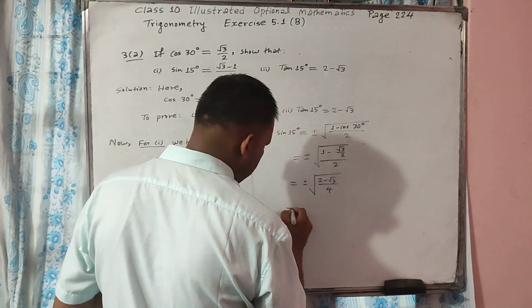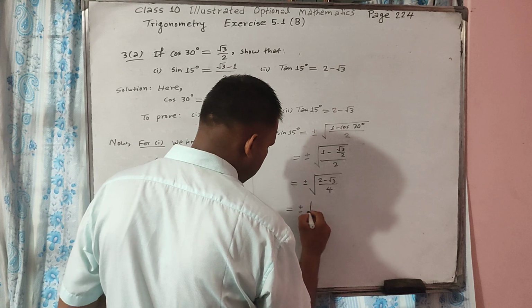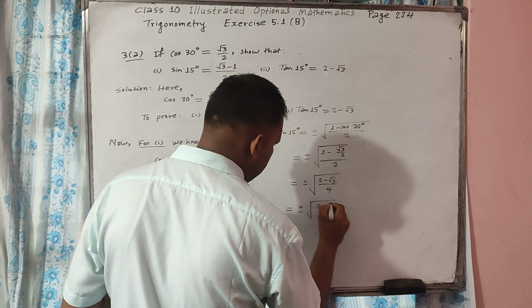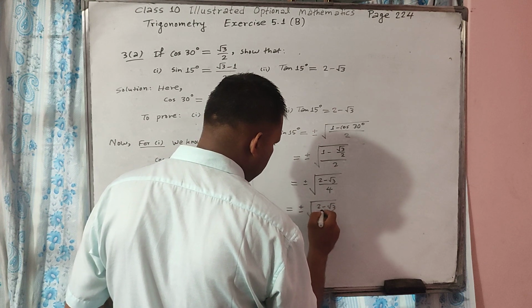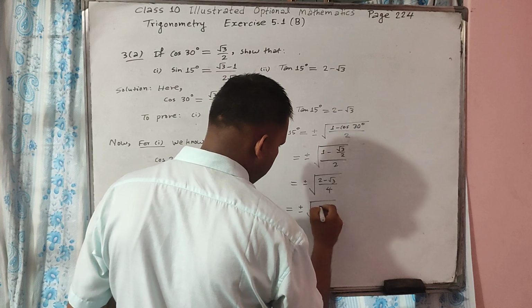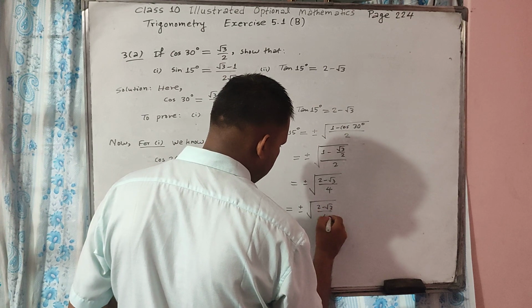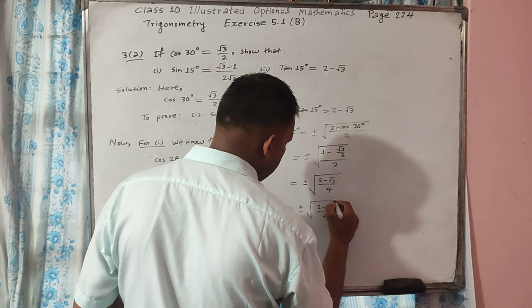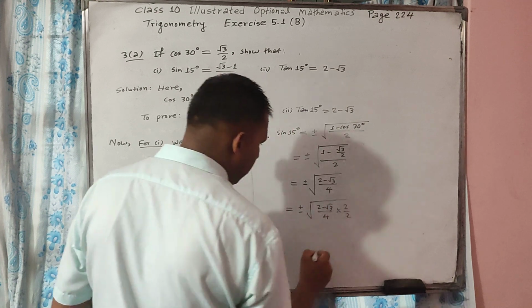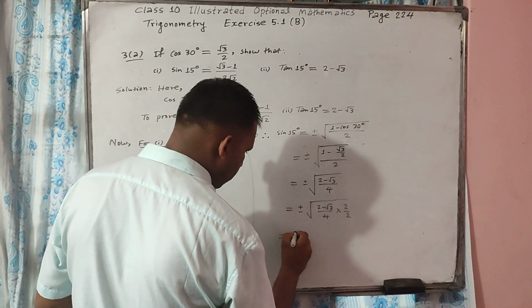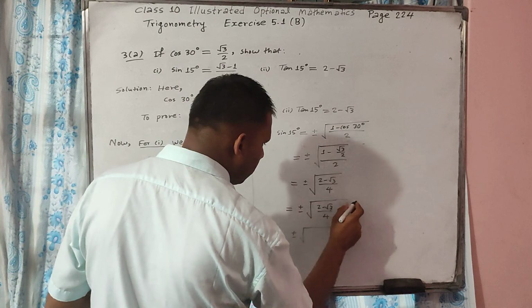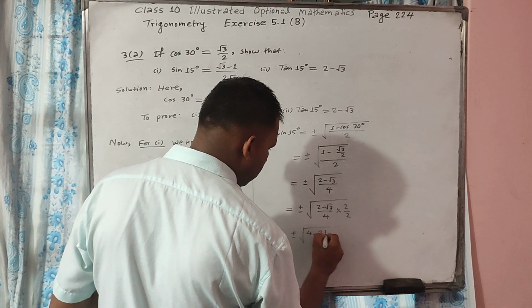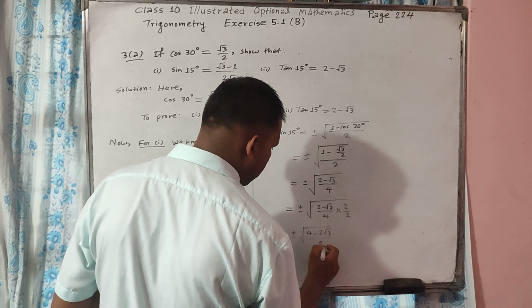Now this equals plus minus square root of 2 minus root 3, both multiplied by 2 by 2 into 2 by 2. This equals plus minus square root of 4 minus 2 root 3 all upon 8.